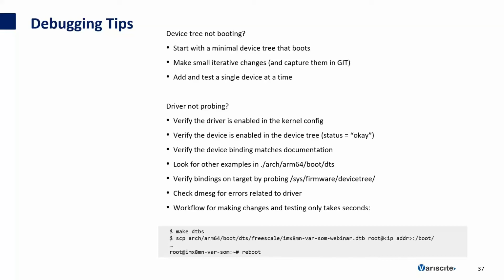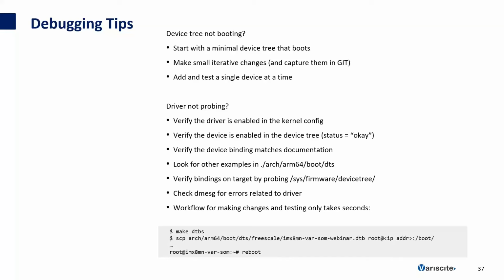And you can also use the /sys/firmware/devicetree directory in the root file system to verify that your bindings match what was actually parsed by the kernel. It's also helpful to check dmesg for any errors or warnings that are related to the driver, similar to what we did for the real-time clock earlier.